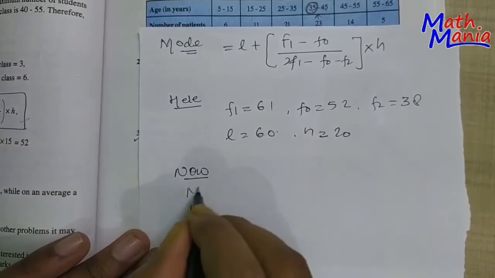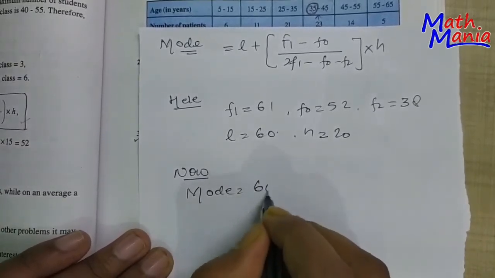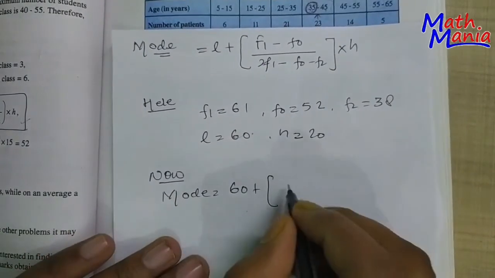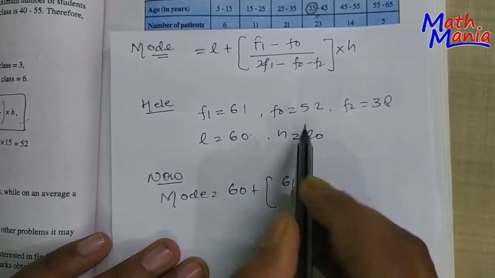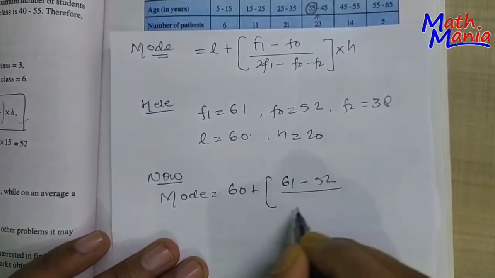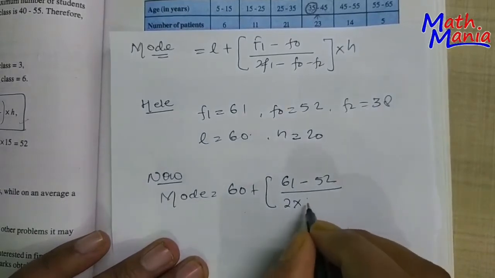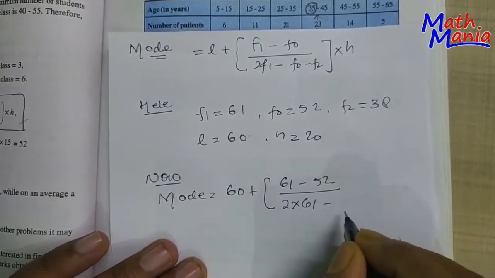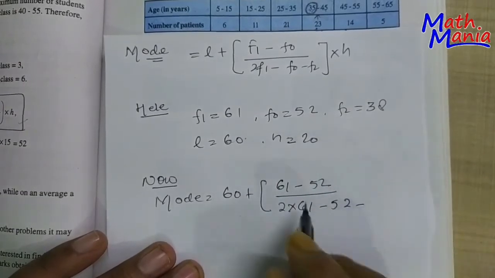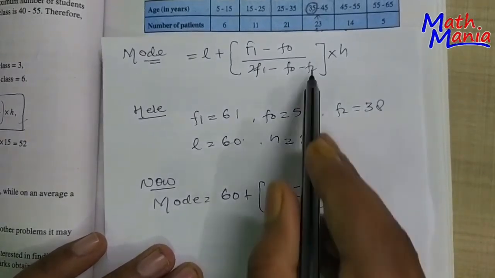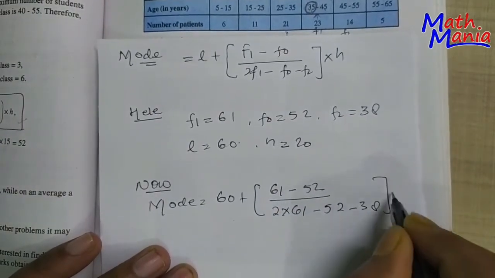Let's substitute the values in the formula. Now mode is equal to L, which is 60, plus (F1 is 61 minus F0 is 52) divided by (2 into 61 minus F0 is 52 minus F2 is 38), right friends?